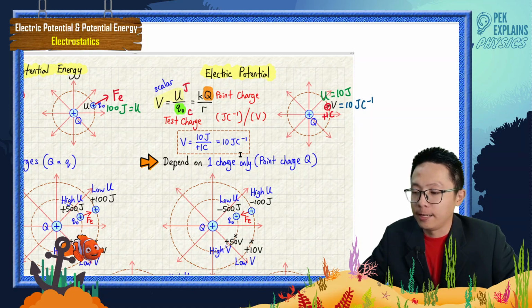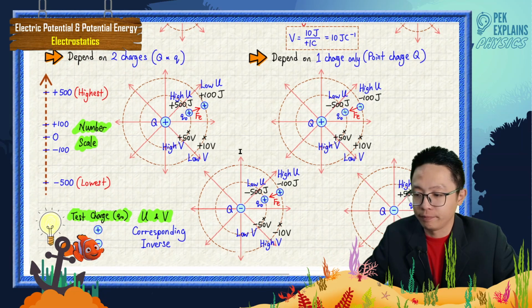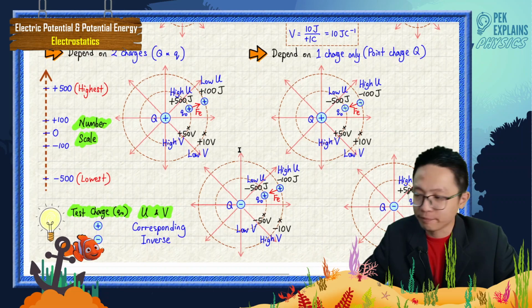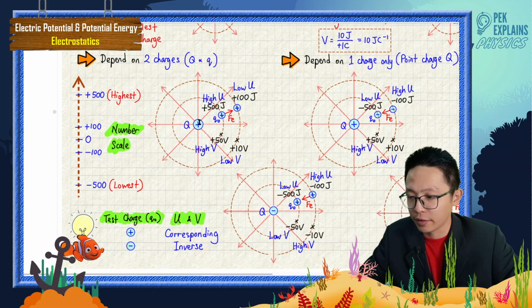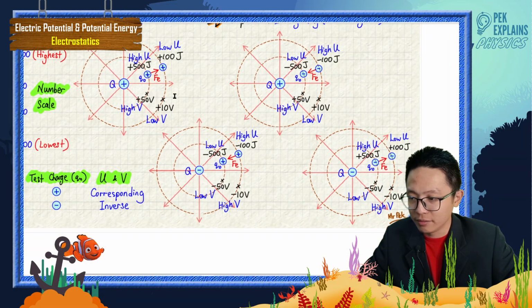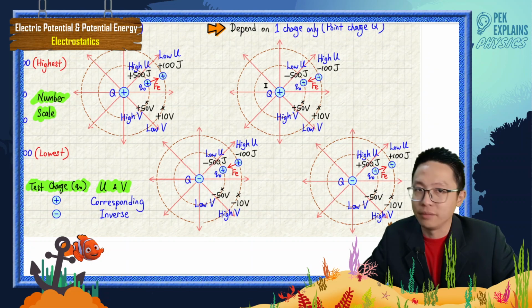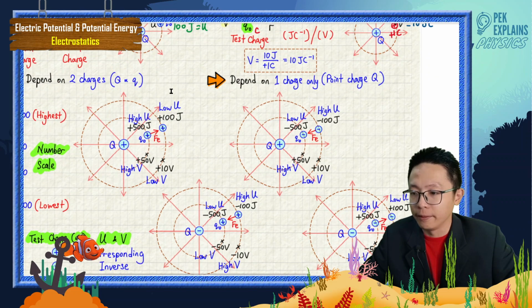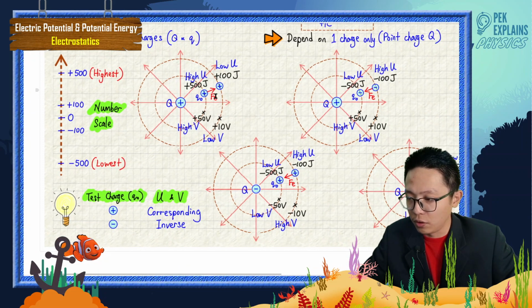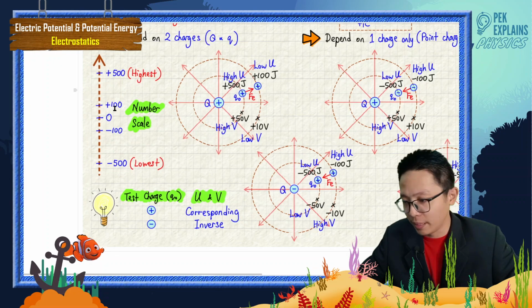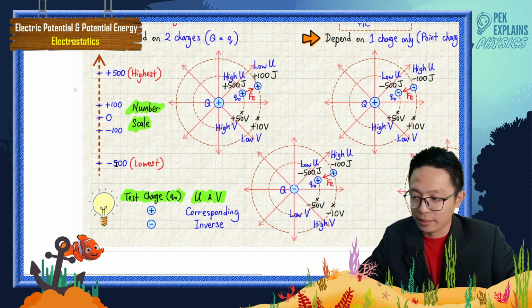Okay, and now I want you to look carefully. It looks complicated, but actually it's not. Yeah, it's very simple. Now, first of all, this is the number scale, the number scale according to mathematics.